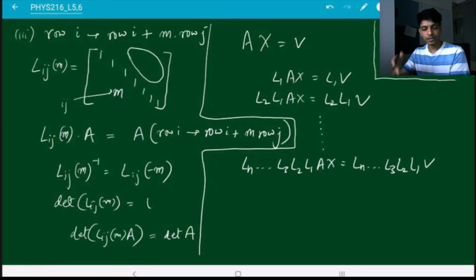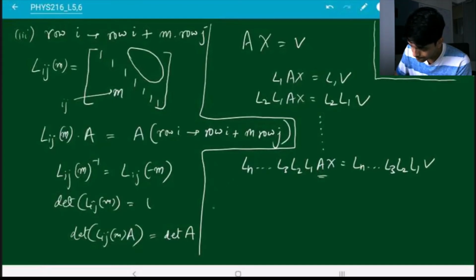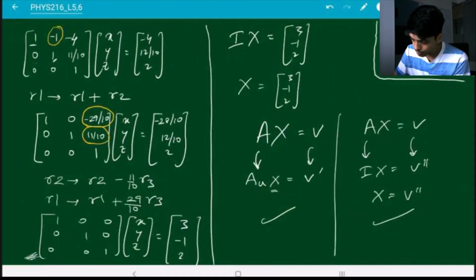You can write a function for constructing each of these three special elementary matrices, and then all you have to do is keep multiplying one by one all of these to your original matrix A. So one way is, remember we had two ways, no? Either you can reduce your A to an upper triangular form, or you can reduce your A to the identity matrix.